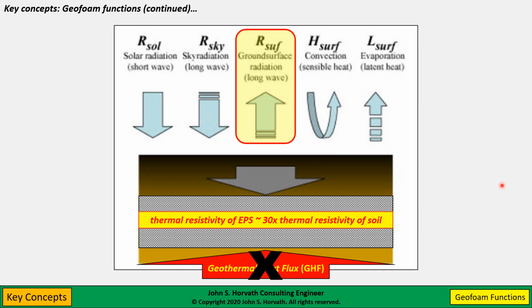And this happens at night where we've placed EPS geofoam in the ground, which is basically in the duration of the nighttime hours, this foam is going to effectively completely block off the geothermal heat flux. So it's going to allow the ground to give up much, much more heat than it would ordinarily be able to do, because we've now eliminated this source of heat here.